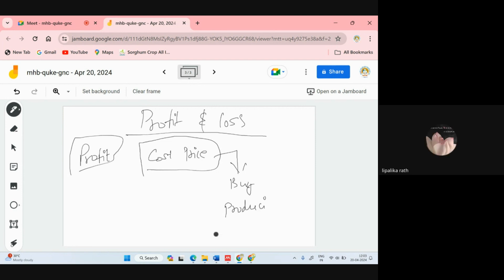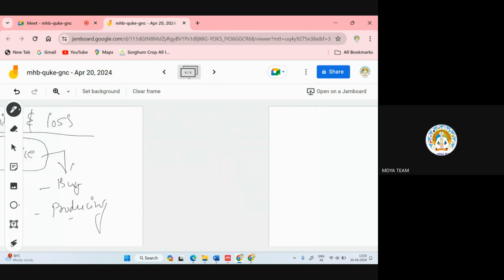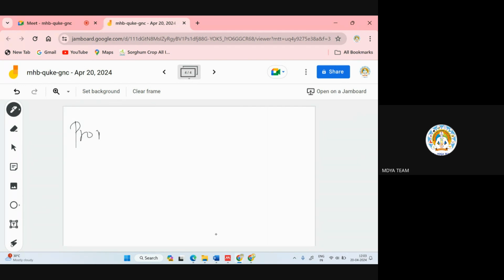Selling price is always the price at which you are selling the item. So what will be the profit? Selling price minus cost price. Very good. Selling price minus cost price. What will be the loss?